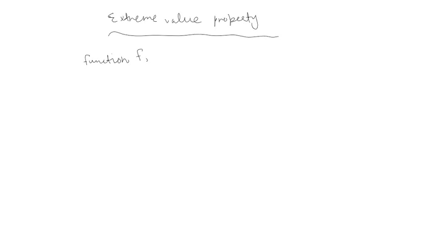Now we're going to talk about the extreme value property. Since we've defined what a minimum and a maximum is, it's going to be very simple for us to now consider this property that talks about that. So the extreme value property suggests that if you have a function f that is continuous at every point in a closed interval a comma b.